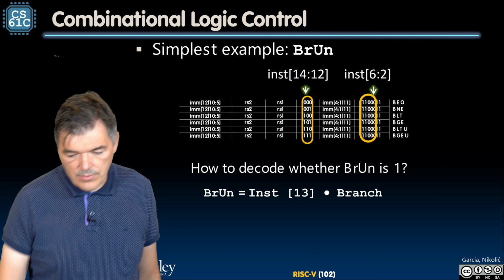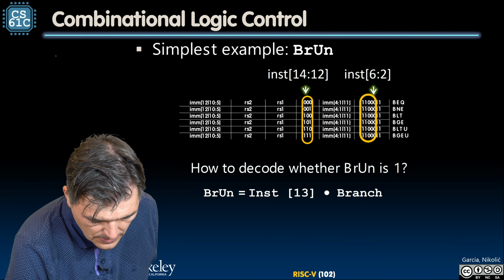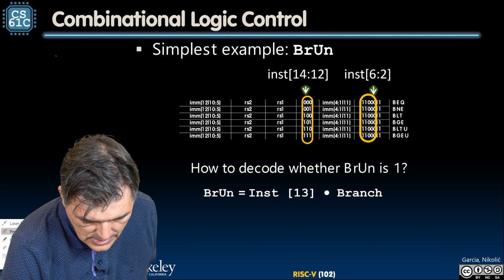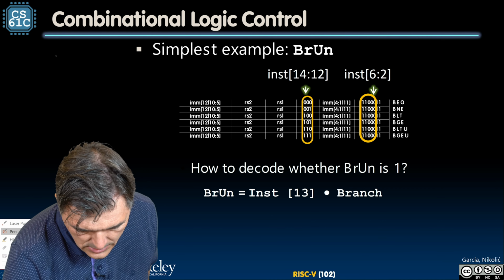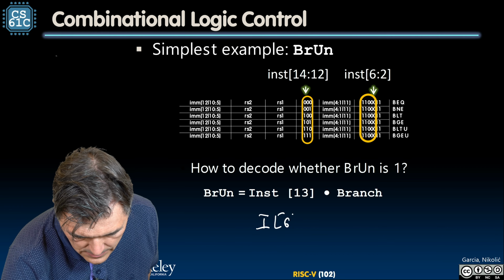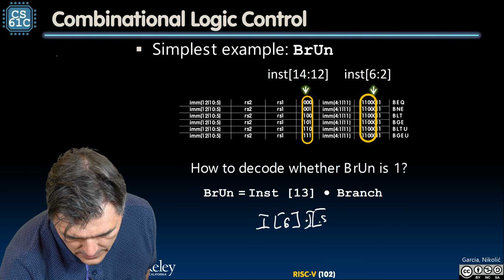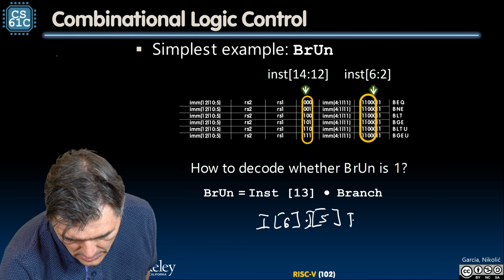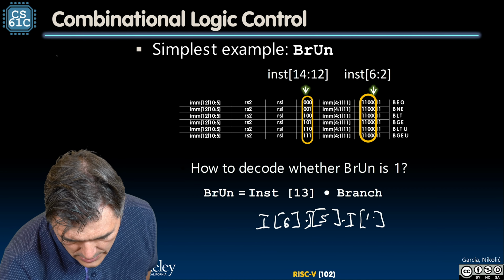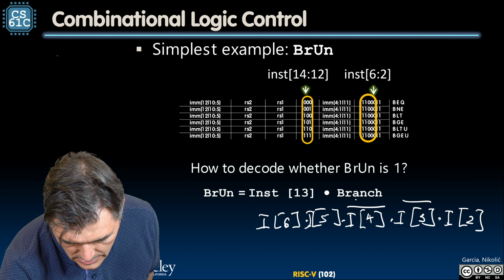In order to decode the branch, the branch is encoded with the lower bits. So it is I6 and I5 and not I4 and not I3 and not I2. That is our branch.